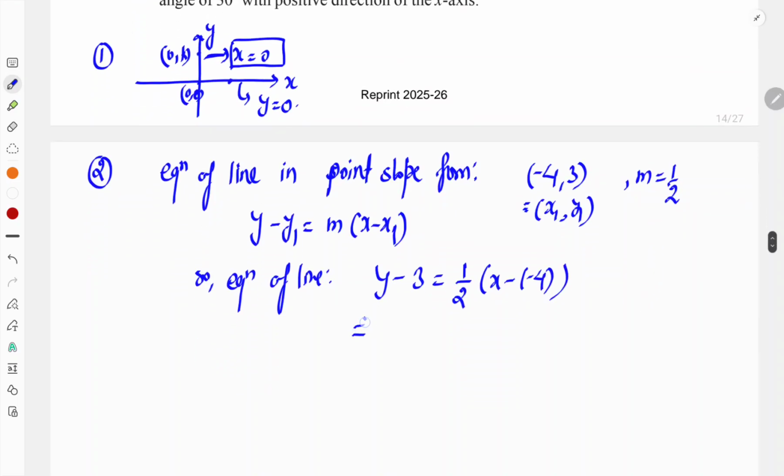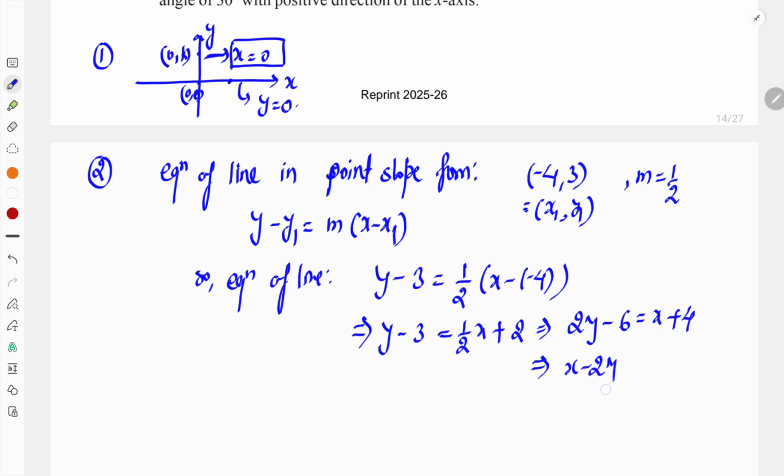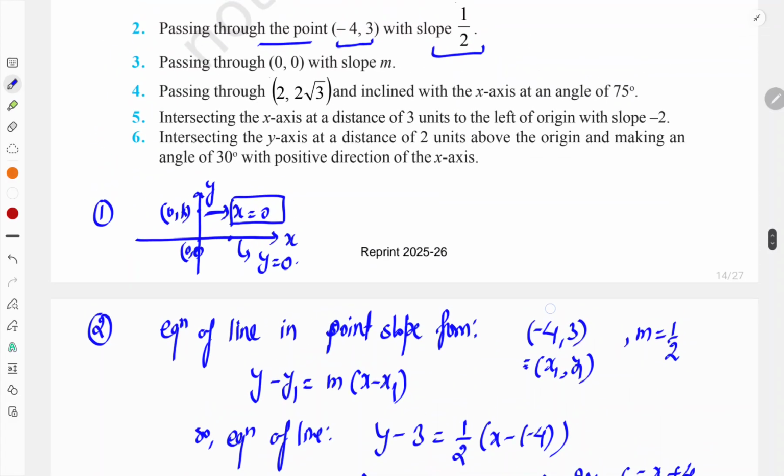So we have y minus 3 is equal to 1/2 times (x plus 4). Multiply by 2 on both sides: 2y minus 6 is equal to x plus 4. Take all things to that side: x minus 2y plus 10 is equal to 0. This is the answer. We'll move to the third problem.